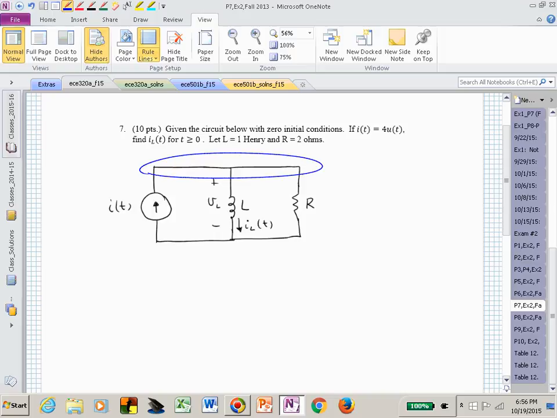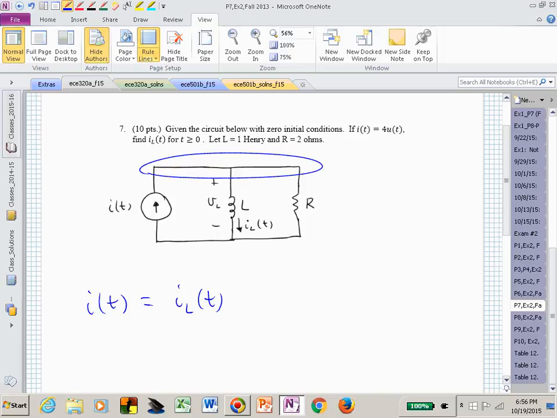But KCL here is I of t, that's going in, and the others are going out. I have I sub L of t. So if you have inductors, what are you probably going to want to write your equations in terms of? The voltage or the current of that inductor? The current.